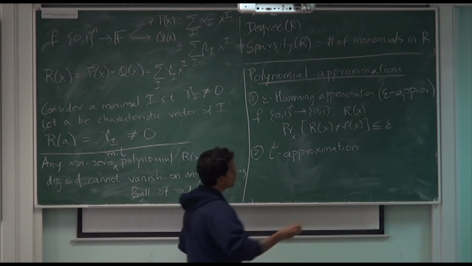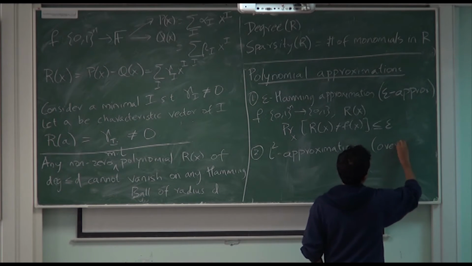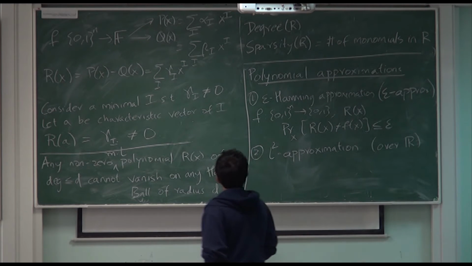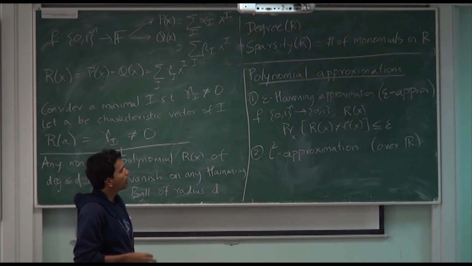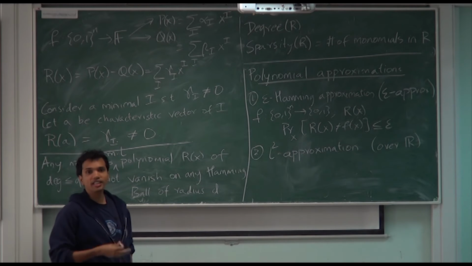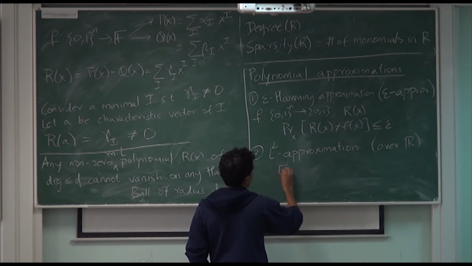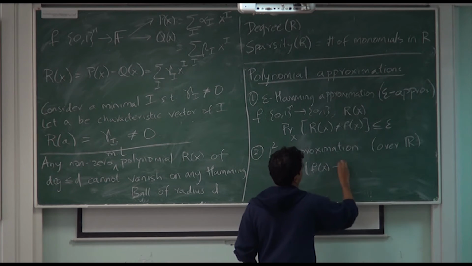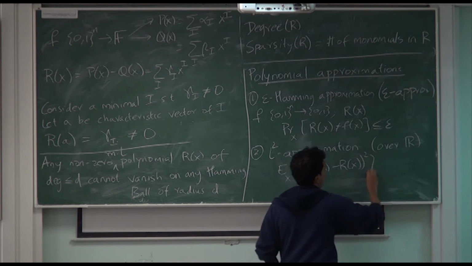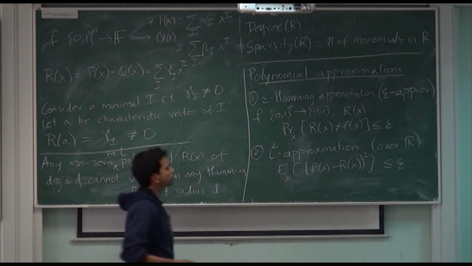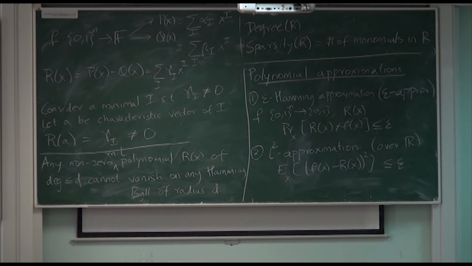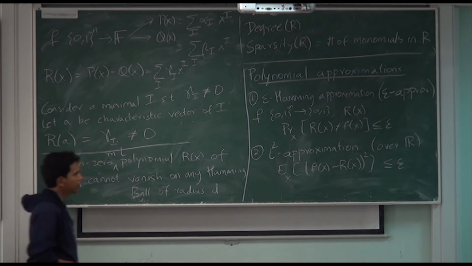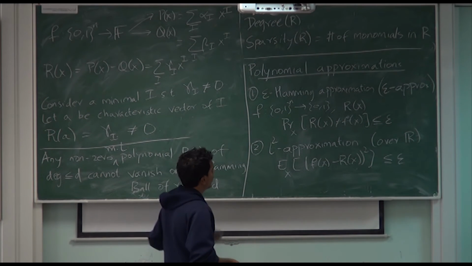So here I'm working over the real numbers, and I say that the polynomial R of x epsilon approximates f of x in L2 if something else happens, and that something is... So here I'm actually looking at how much the polynomial differs from the function, and I penalize it for the amount of difference.